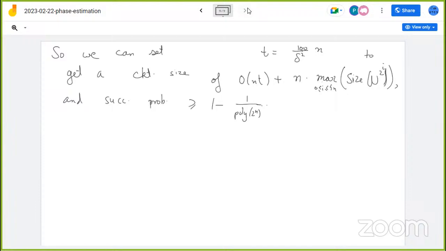One more thing: what does the circuit do at the end? What does this whole circuit look like? Basically it looks like this.